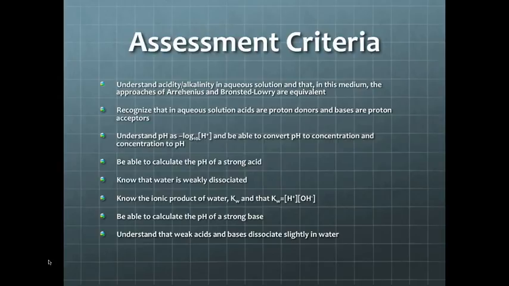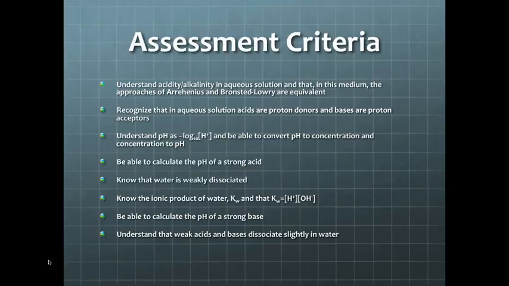We will also recognize that in aqueous solutions, acids are proton donors and bases are proton acceptors. We'll also look at pH and determine that pH is the negative log 10 of the hydrogen ion concentration and do calculations with pH.